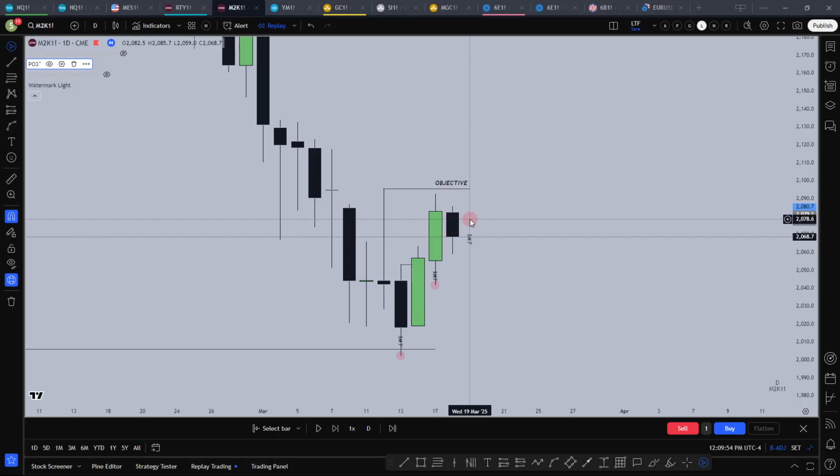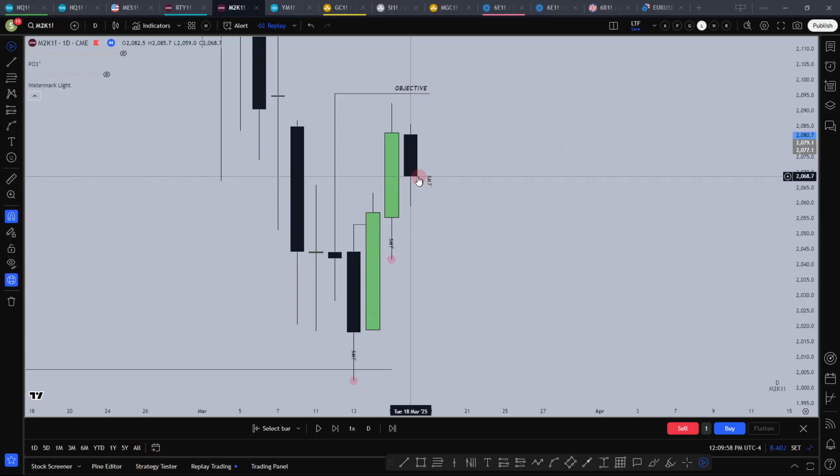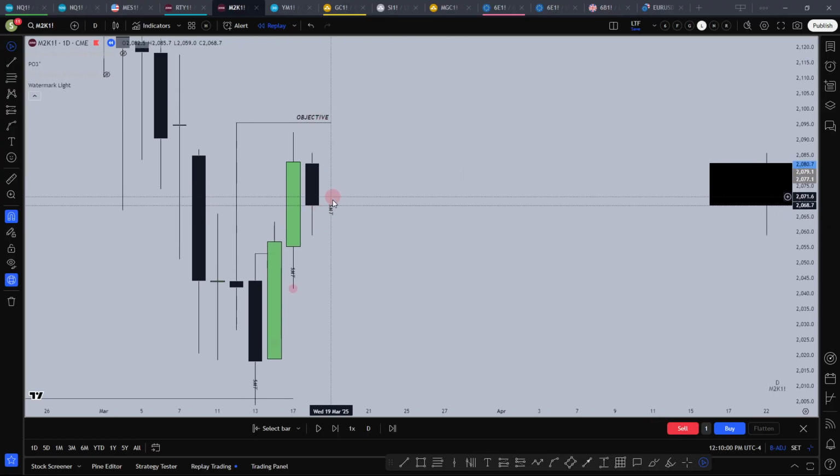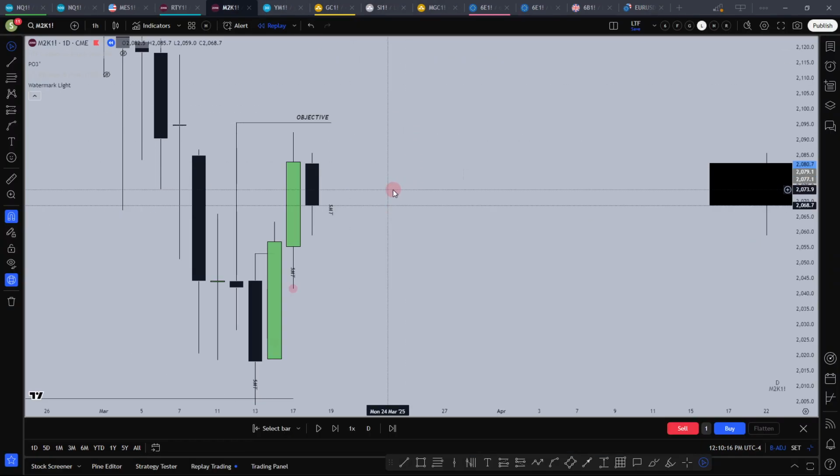You people know the reason. I won't explain pages again in this MM exam lesson, but I have expectation of price moving higher on the daily, so I would use hourly MM exam, right? Daily key level, daily expectation of expansion, high time frame expansion expectation, so hourly MM exam. Let's go.